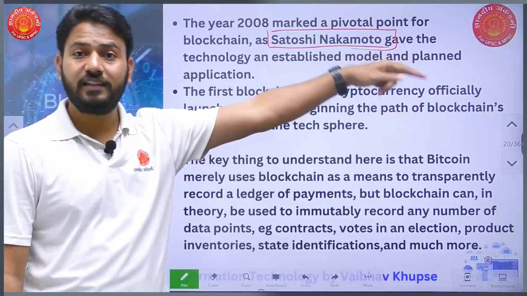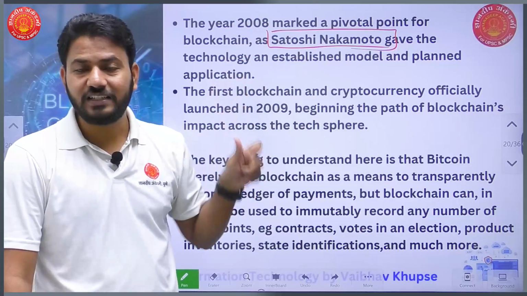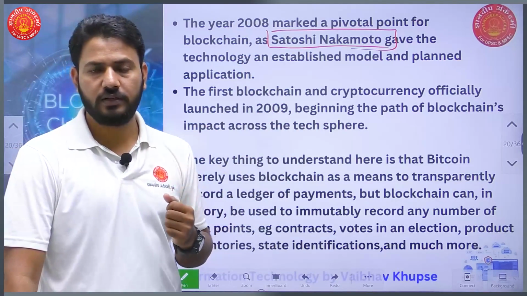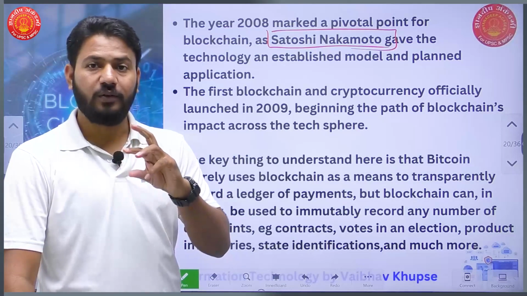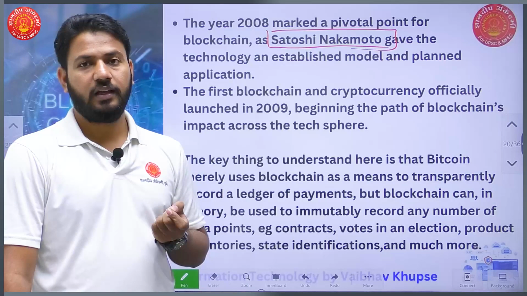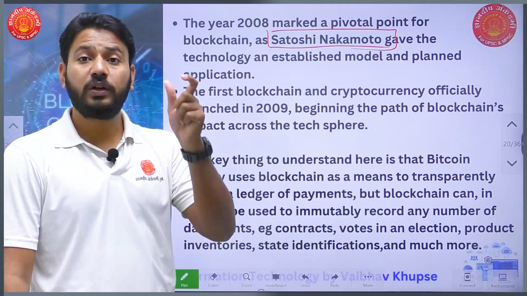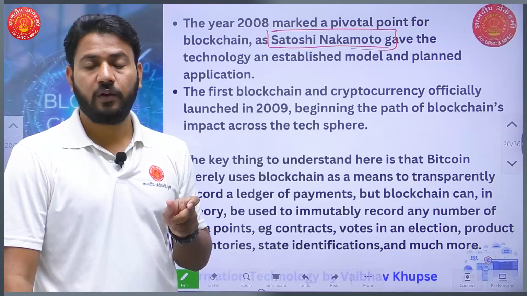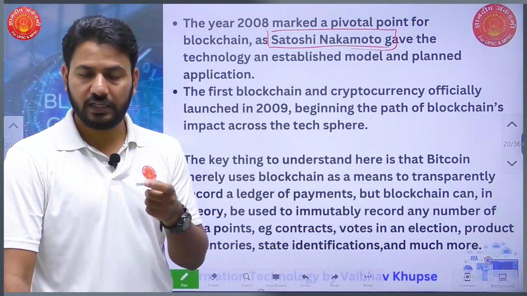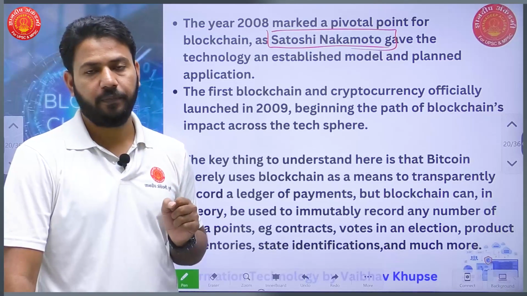Okay. And this is the reason why we discussed a traditional system in the form of banks and also the bitcoins. Why did we compare banks with bitcoins? Because the first application of blockchain was to record transactions or act as a ledger for transactions of cryptocurrencies, especially for Bitcoin.